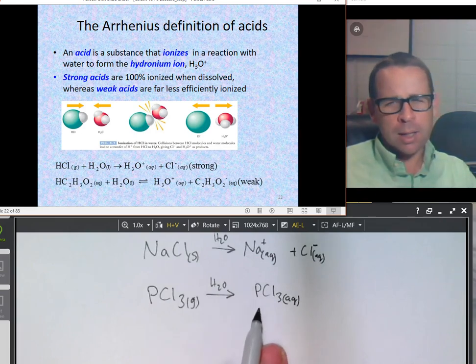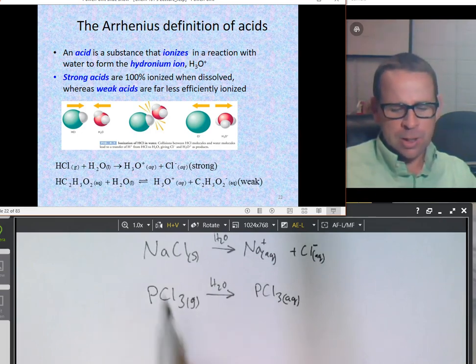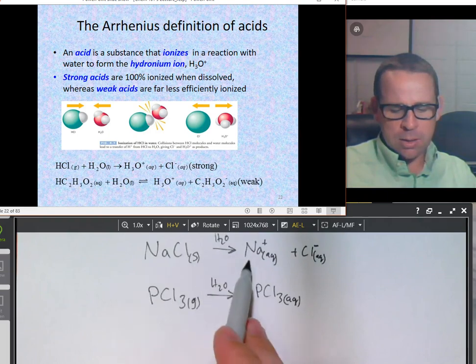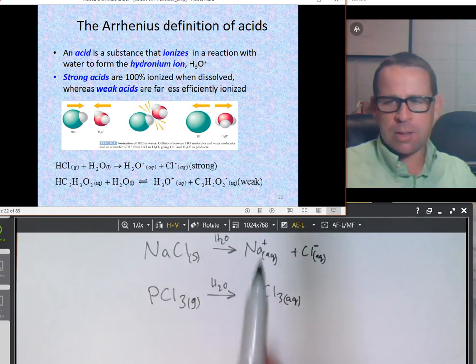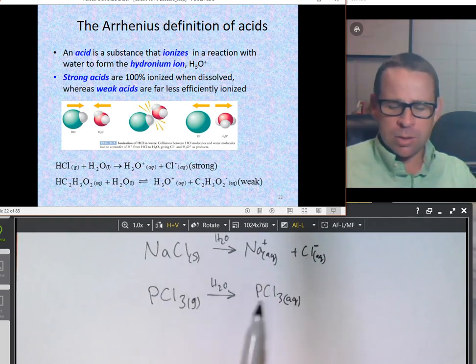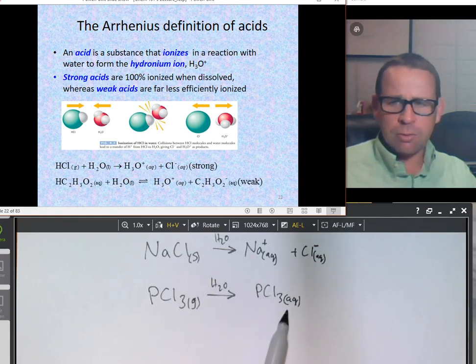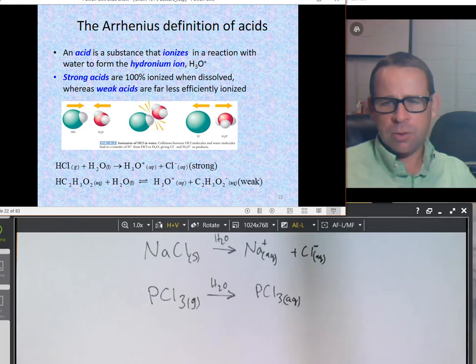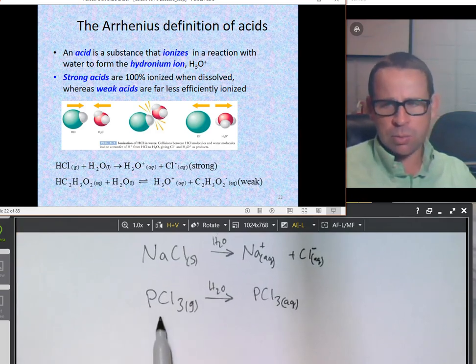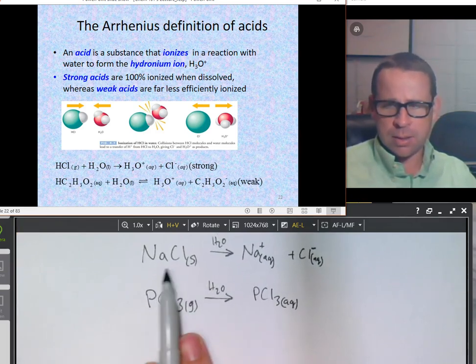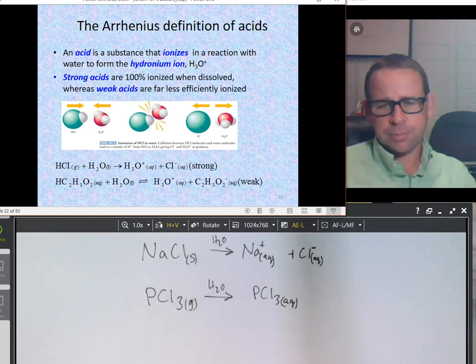Why won't this one ionize? See how this one ionizes into its ions, or another word for that is dissociates. Why doesn't this dissociate? It does dissolve, but it doesn't dissociate. Why is that? See if you can answer that question. Why doesn't PCl3 dissociate the way NaCl does? Push pause, think about it, and then when you're done, we'll answer the question.